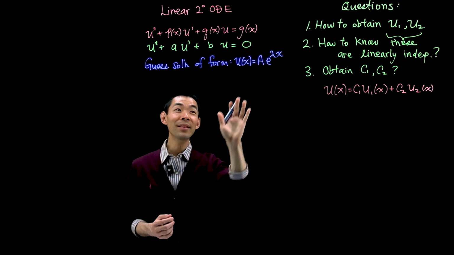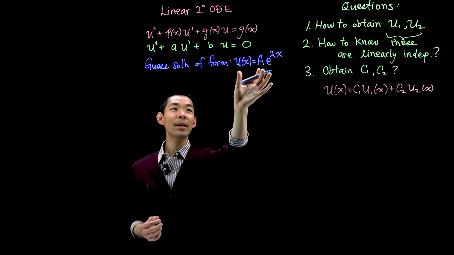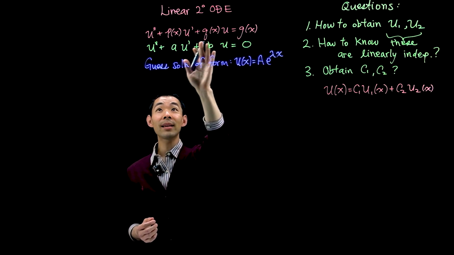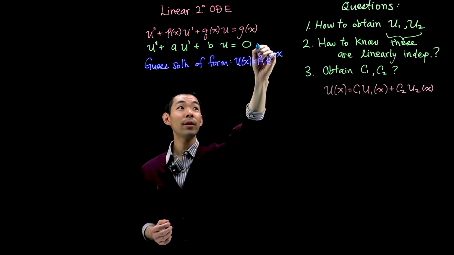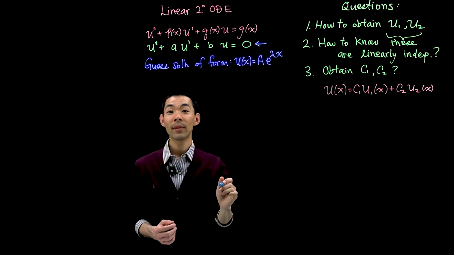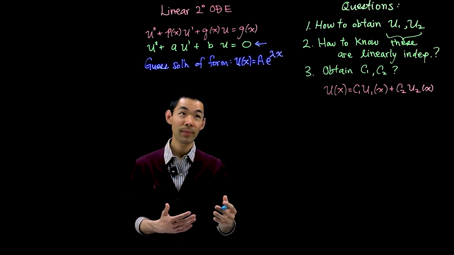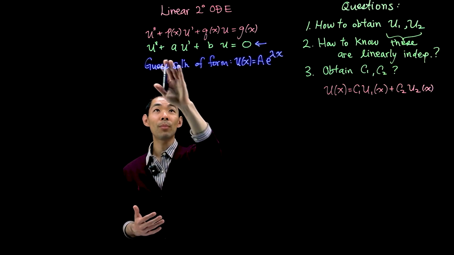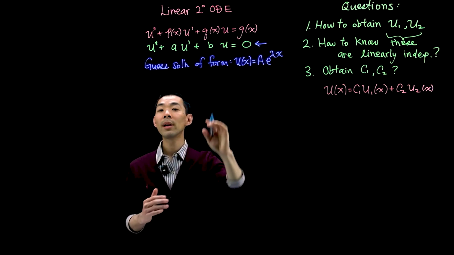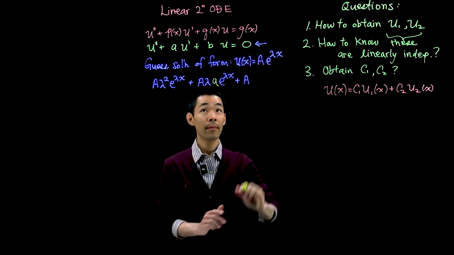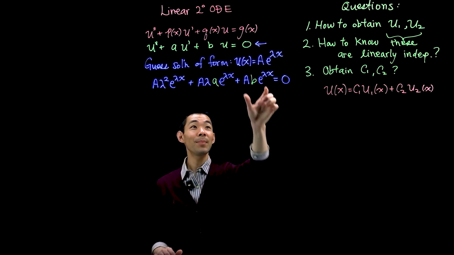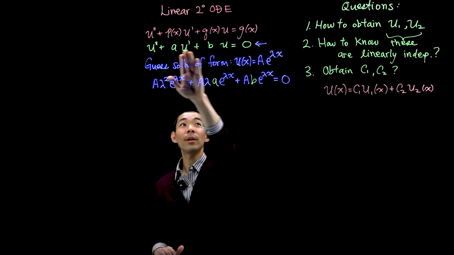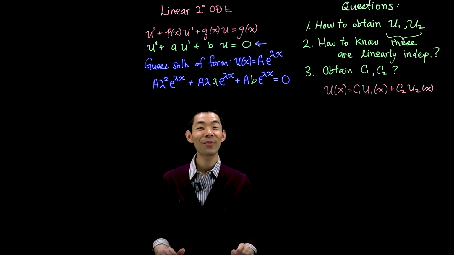Now, we're going to make this guess, and we're going to plug this guess back into the original equation right there. So we need to take a couple of derivatives, plug it in to u double prime, u prime, and u, and see what happens. So all I've done here is to substitute u of x into this constant coefficient differential equation.